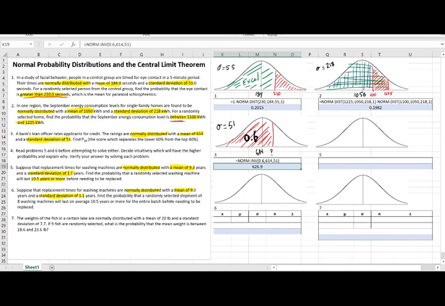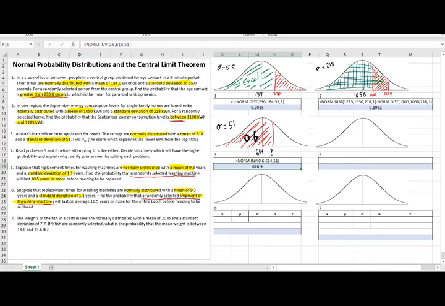Find the probability that a randomly selected shipment of 8 washing machines, so it's no longer a single washing machine, so let's underline this: a randomly selected washing machine, or a randomly selected shipment of 8 washing machines. In number 5, we're dealing with a single selected machine, and for number 6, we're talking about an entire group of 8 washing machines.